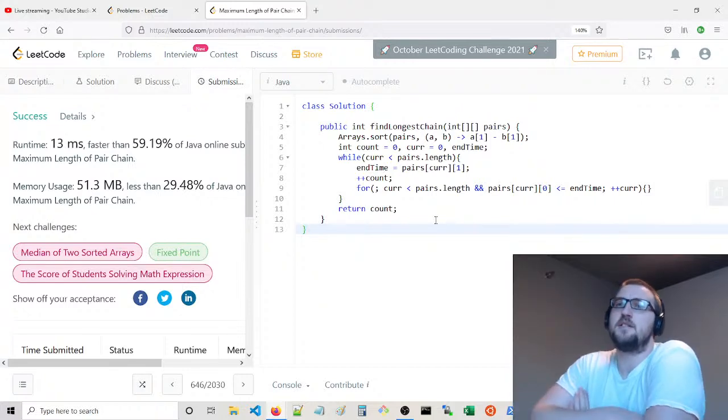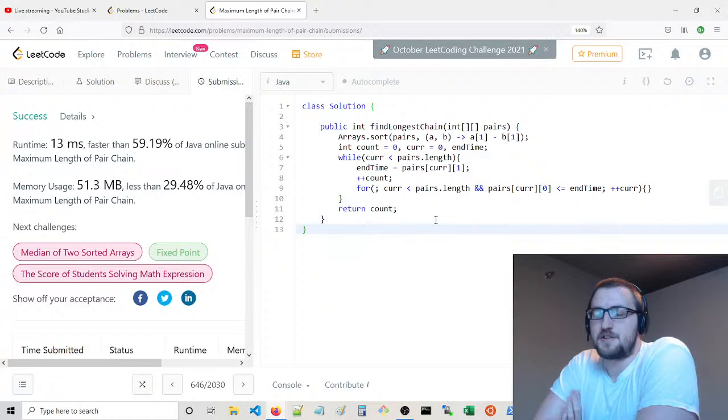So that'll give us the optimal configuration. If we include that set, it'll give us the optimal configuration for the subset of intervals that are less than or equal to that particular end time beta. That'll give us the best possible for an x+1.